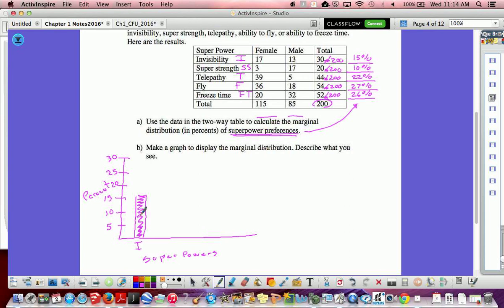Then super strength was only 10%, SS. Then 22% was telepathy, so that was T. 27% for flying. I can fly. Freeze time.